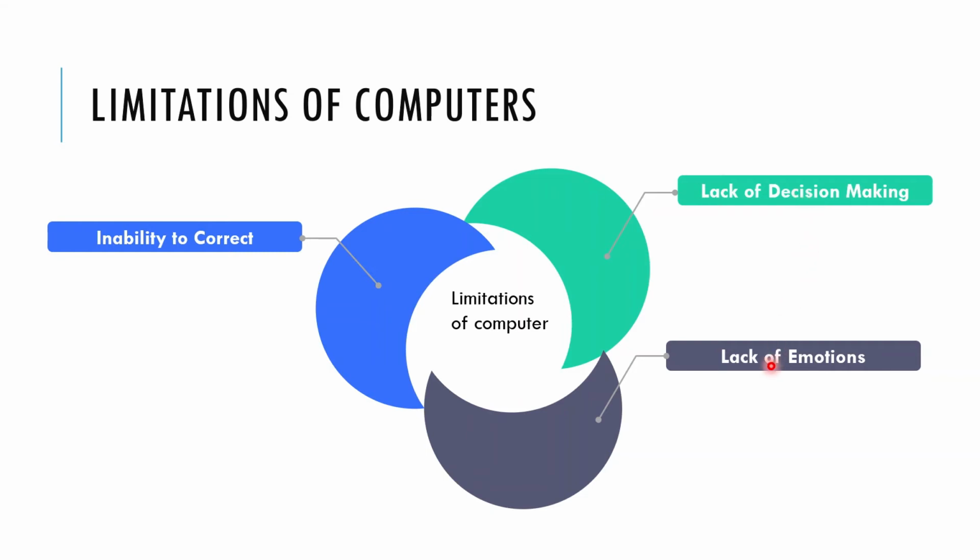Lack of emotions. Computer doesn't have any emotion, it's a machine. The last one is inability to correct. Computer cannot correct instructions by itself. Computers that involve artificial intelligence are called expert systems, the ones which we discussed in the generations of computer section.